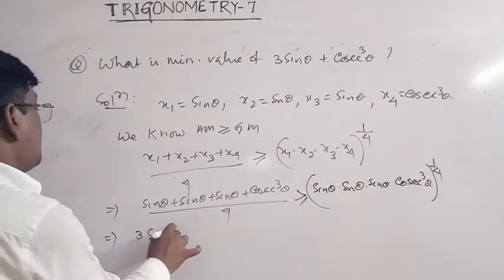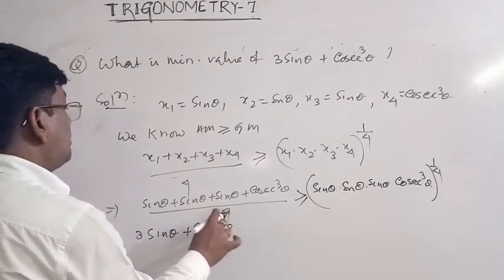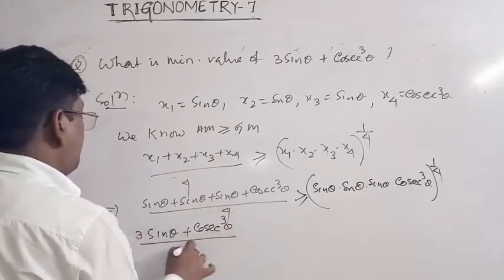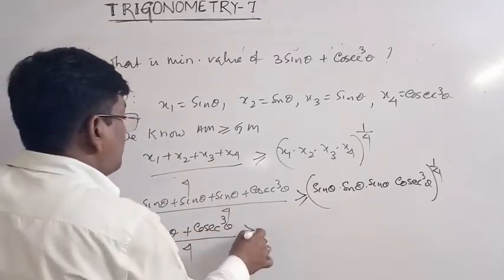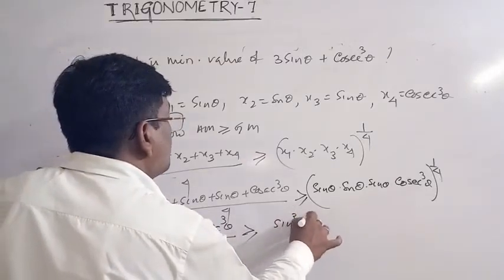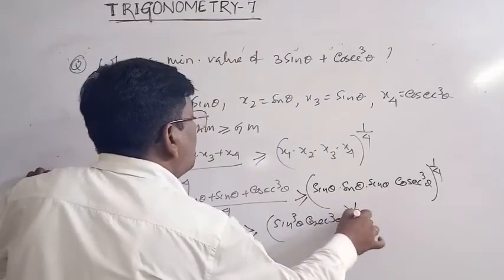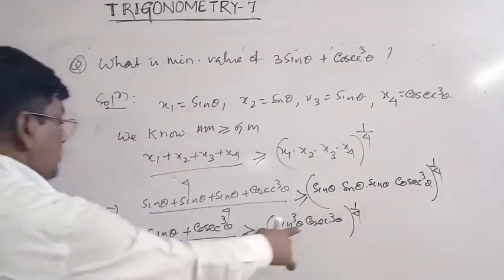So this is equal to 3 sin theta plus cosec cube theta divided by 4 greater than or equal to sin cube theta into cosec cube theta whole to the power 1 by 4. So this is 1.